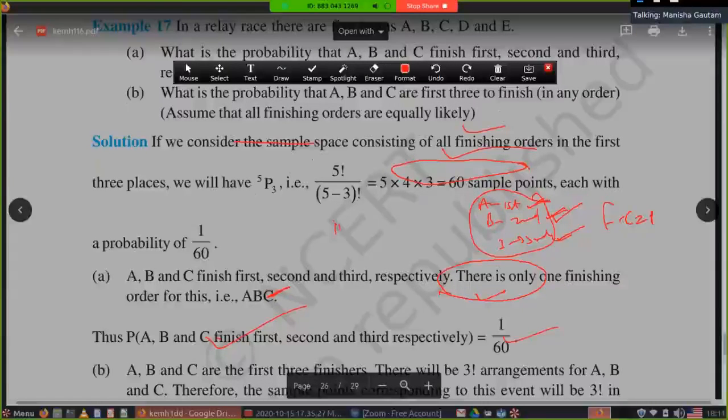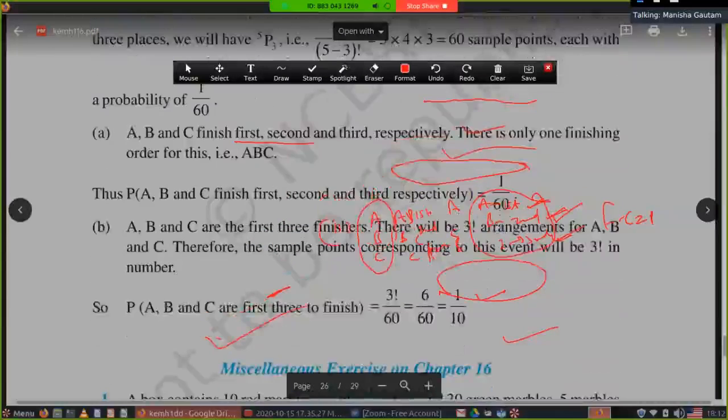In the second part, A, B, C are the 3 persons who finish the race in the first three positions. It may be ABC, it may be BCA, it may be ACB. How many cases are there? 3 persons can be arranged in 3 factorial ways. So favorable cases will be 3 factorial and total cases 60. So 6 upon 60, which is 1 upon 10.